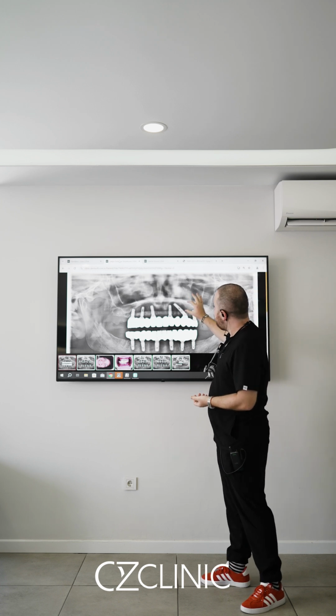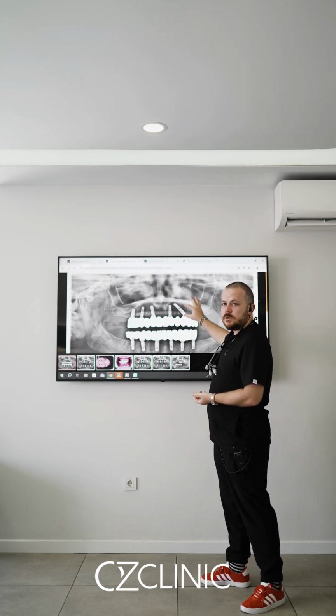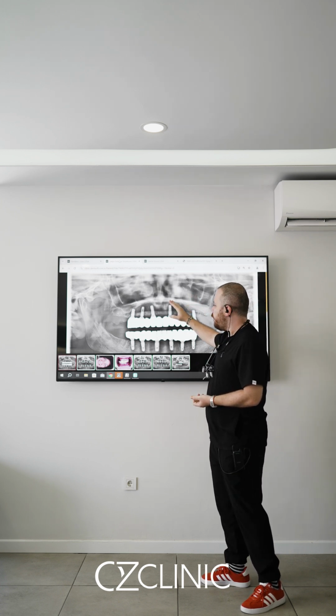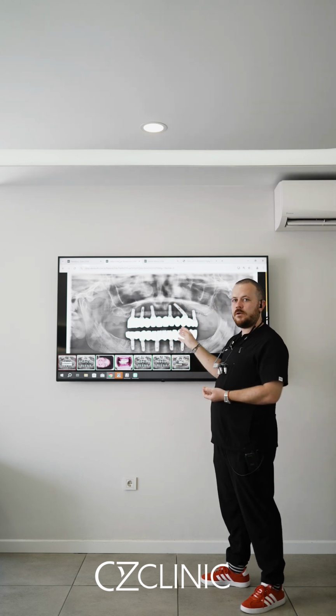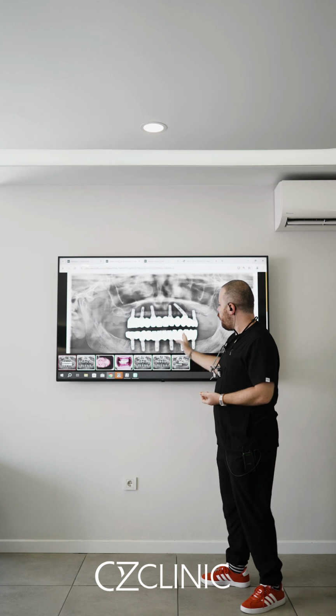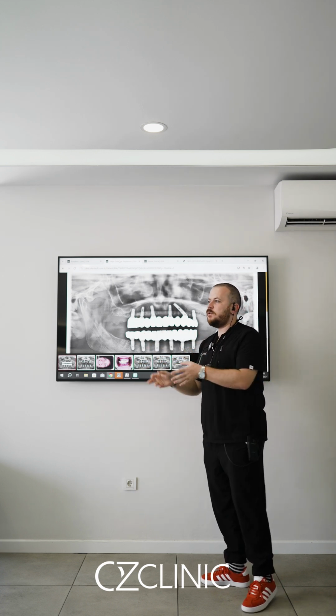But in this area it's not very good, so we put the implant in an angled way. On the bottom, the bone density and bone level are all good, so we put all 6 implants straight. Whenever there is enough bone, we can put the implants in any way, and the results with all these treatments are going to be amazing, like hers.